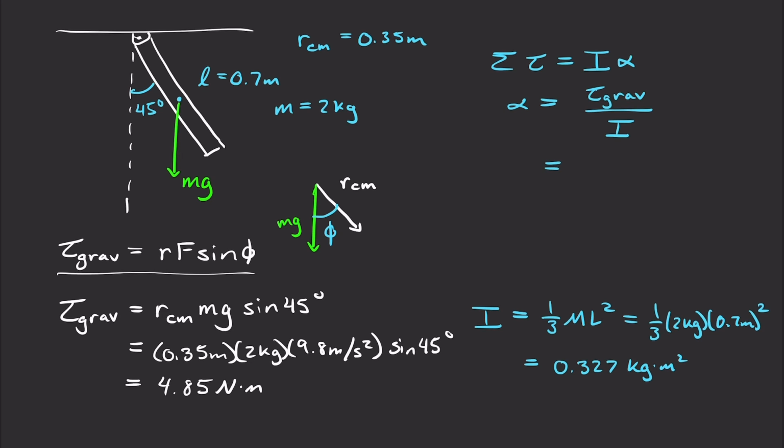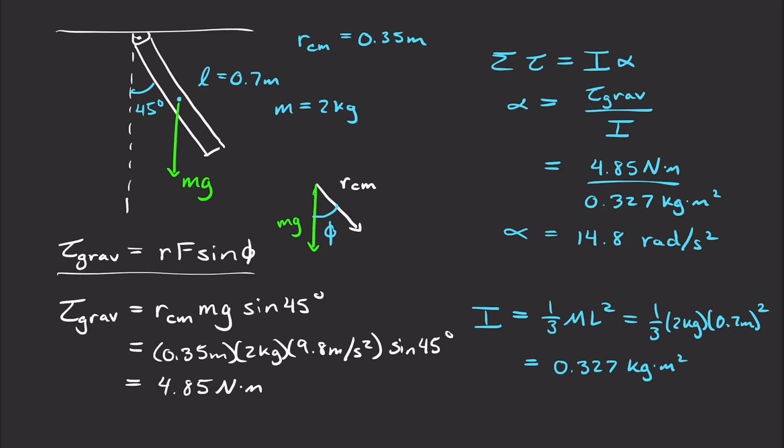If we plug that in, we get the torque from gravity, 4.85 Newton meters, divided by 0.327 kilogram meter squared. So our alpha equals 14.8 radians per second squared.